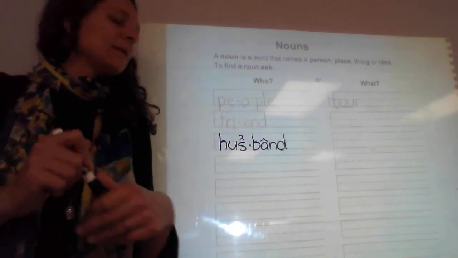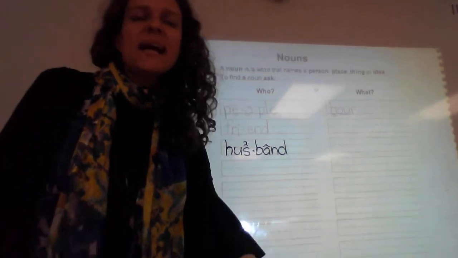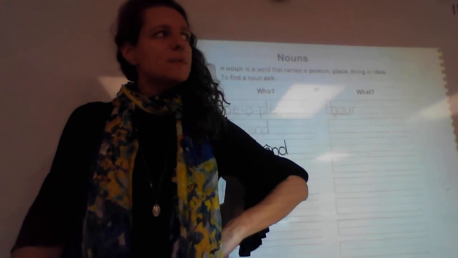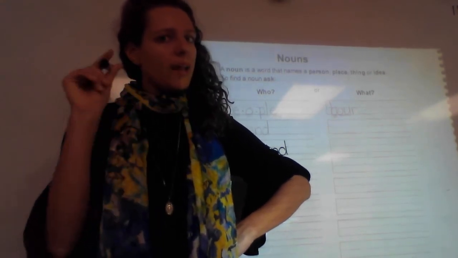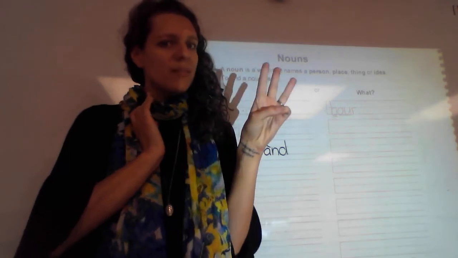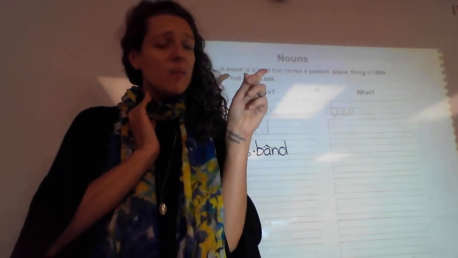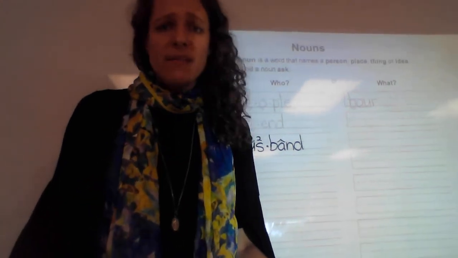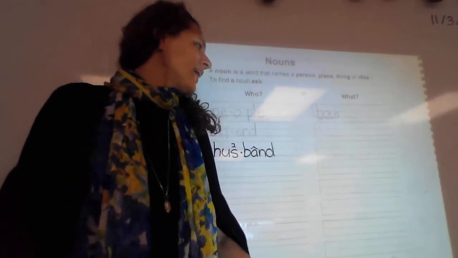All right. Let's see, the next word is book. Class, is book a noun or a verb? 3, 2, 1. Excellent. A book is a noun, one of my favorite nouns. All right.